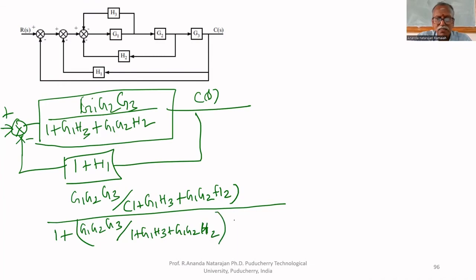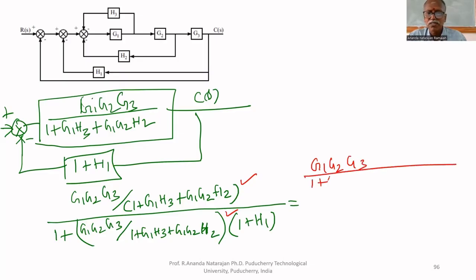This is within bracket multiplied by 1 plus H1 feedback path. If you take the LCM of this, this part and this part will be cancelled. So G1, G2, G3 upon 1 plus G1, H3 plus G1, G2, H2.